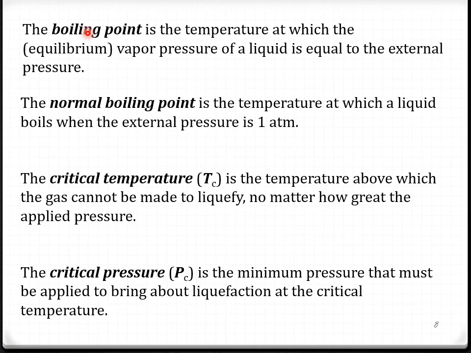The normal boiling point is the temperature at which a liquid boils when the external pressure equals 1 atmosphere. The critical temperature is the temperature above which the gas cannot be made to liquefy, no matter how great the applied pressure. And the critical pressure is the minimum pressure that must be applied to bring about liquefaction at the critical temperature.